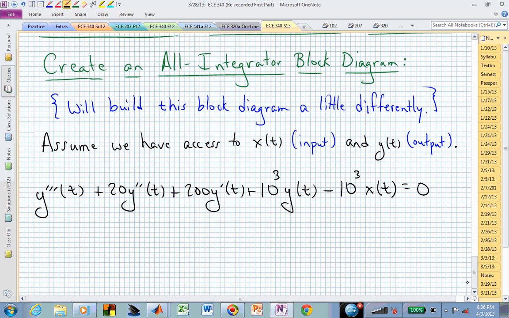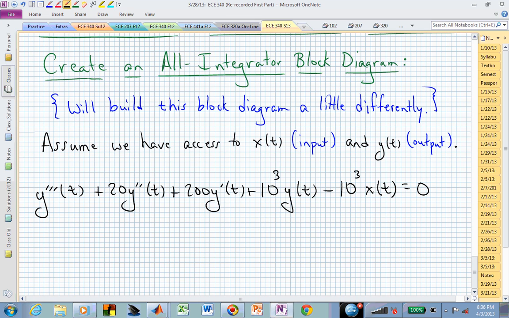That's now our starting form for this block diagram construction. And again, what I'm assuming I have available to me is the input x and the output y.